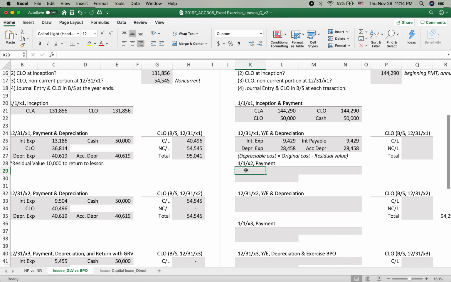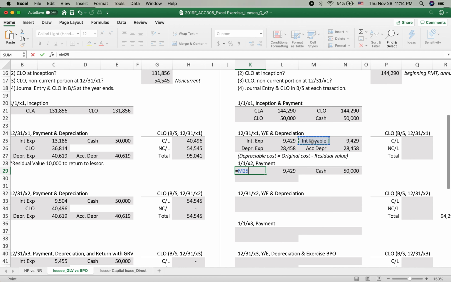Second payment. Which one is the easy one? Okay, cash out is $50,000. This $50,000 is comprised of interest expense of this, right? But we already recognized interest expense. And then when we pay cash, this cash includes this interest expense, right?